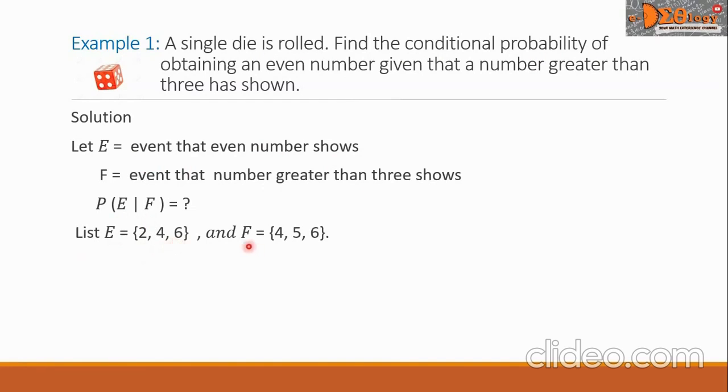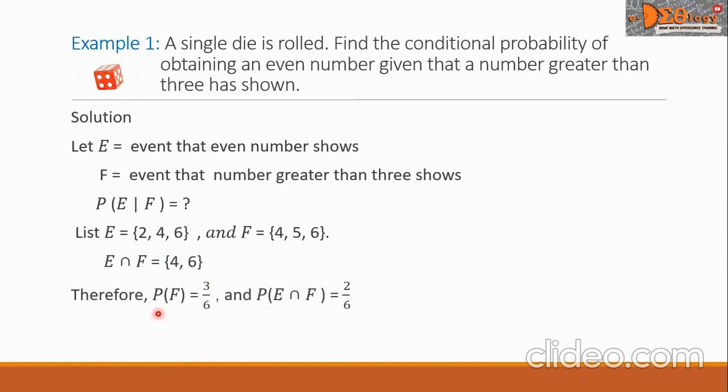And the elements of event F equals 4, 5, and 6. We know that the sample space has 6 elements. Now, for the E intersect F, there are two elements, and these are 4 and 6.